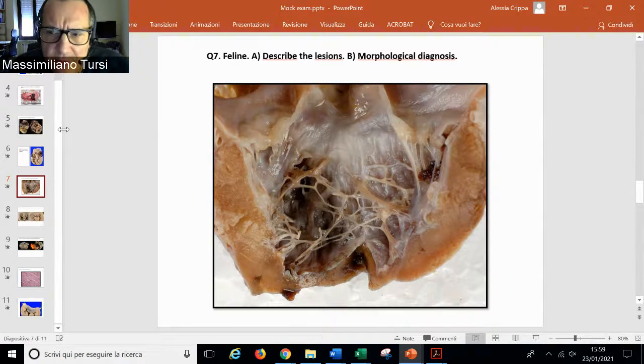Because Mattia, I remember in the past there were many occasions to listen, to speak, to write about fibroelastosis in the left ventricle of the cat. Maybe because in the past we confused fibroelastosis with endocardial fibrosis.